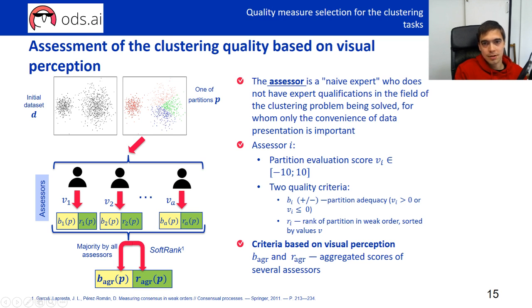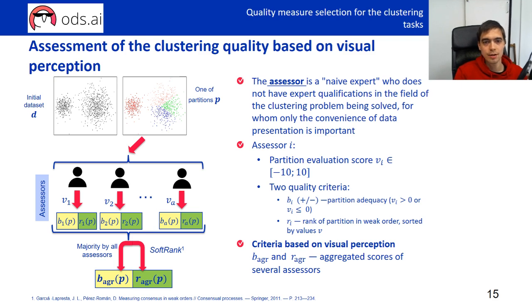So next, let's consider the problem of assessing the clustering quality based on the visual perception. We'll discuss our criteria in more details. An important aspect is the concept of assessor. So who is assessor? Assessor is a naive expert who does not have expert qualifications in the field of the clustering problem being solved. For him, the only thing important is the convenience of the data presentation.